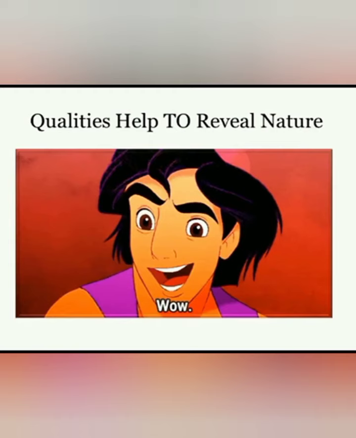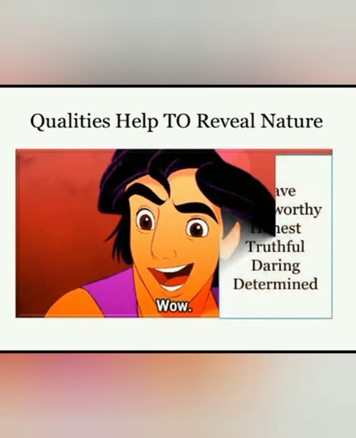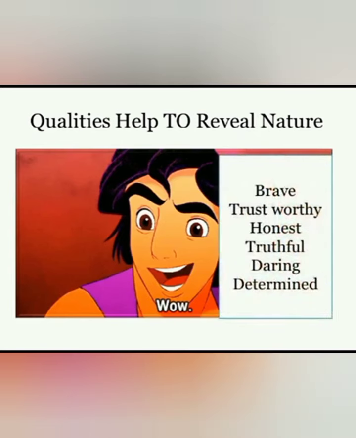With the help of adjectives, we impart certain qualities to the characters, and these qualities help to reveal the nature of the character. Like Aladdin is brave. He's a brave person who fights for the poor, and he's trustworthy, he's honest, he's truthful, he never tells a lie, he's daring, accepts the challenges, and he's determined.